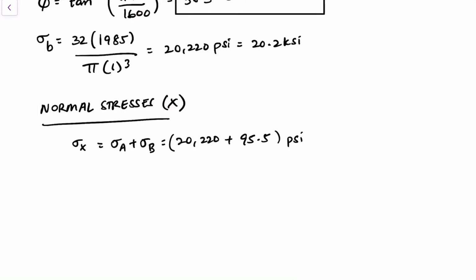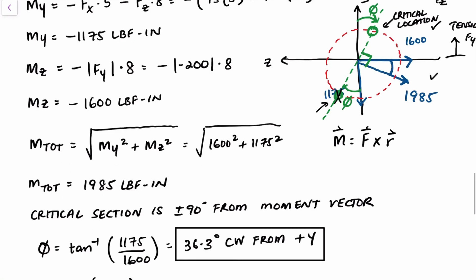Now these two are values of different orders. The bending stress is actually a lot higher than the axial stress. However, the reason we kept this value without disregarding it is because we needed to figure out whether our critical section is going to be on this side or on this side.